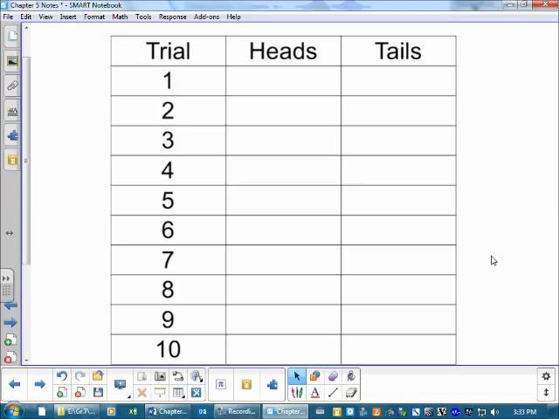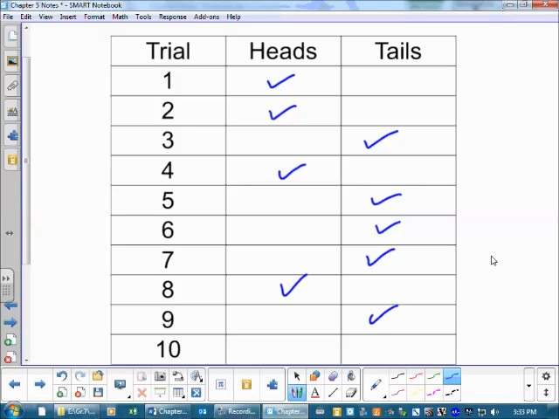So if we were to go ahead and do this experiment, let's say these were our results: heads, heads, tails, heads, tails, tails, tails, heads, tails, tails.